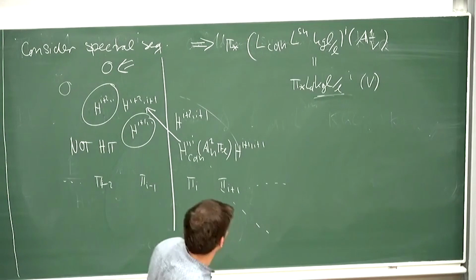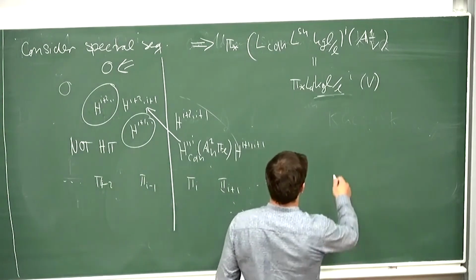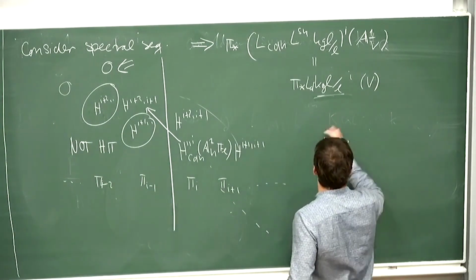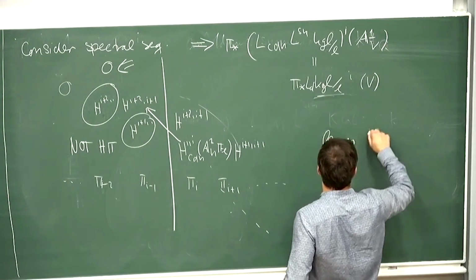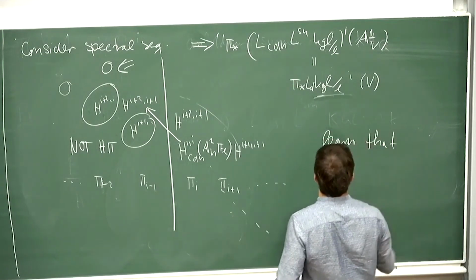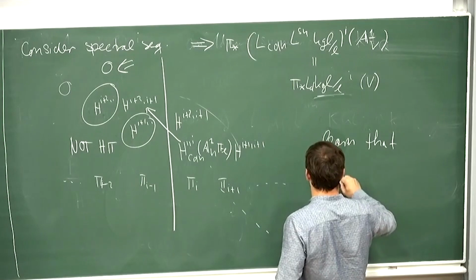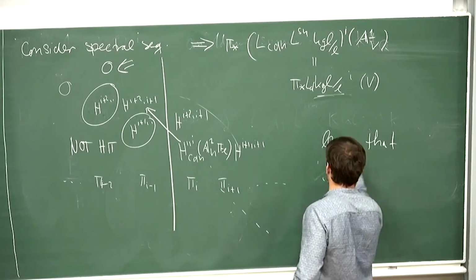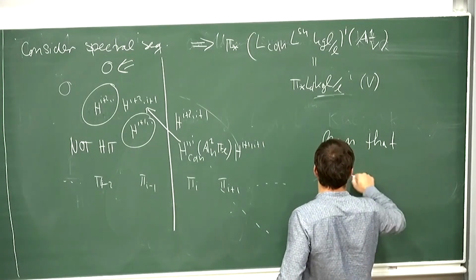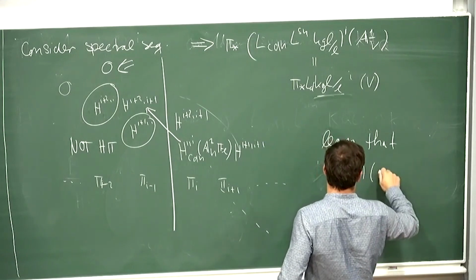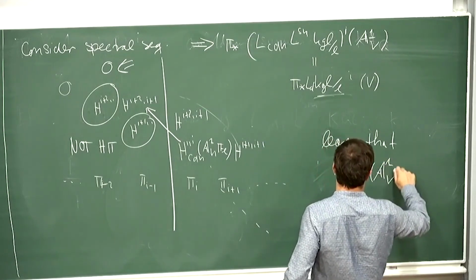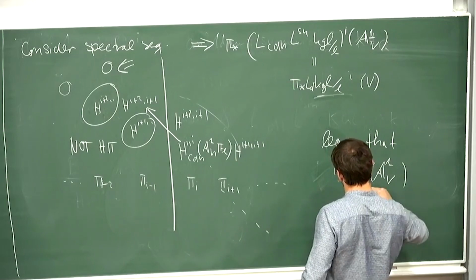And okay, so I'm out of time now, but what I learn is that F_L of I evaluated on A1 over V is connective.